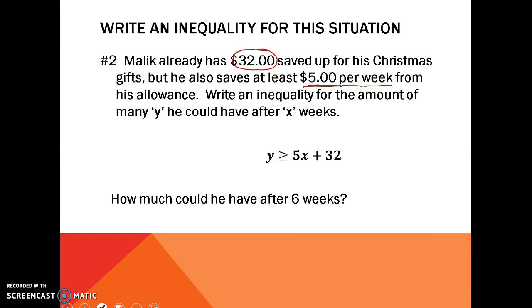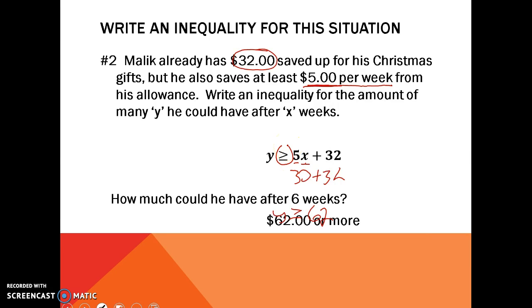Well, X represents the number of weeks that goes by, so we're going to take 5 times 6, which is 30, plus the 32, which means Y has to be greater than or equal to 30 plus 32, which is $62. So the answer to the question is $62 or more. It's important to include the "or more" part because it could be more than $62.